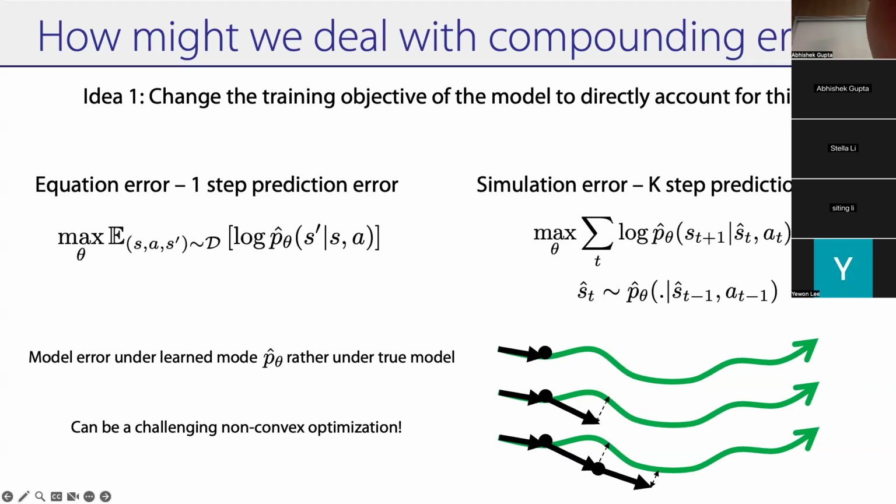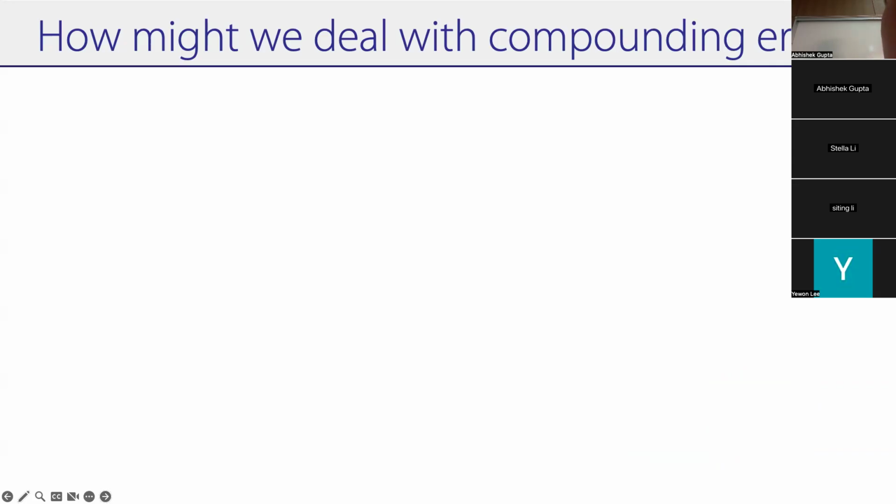If you play around with it, you'll find that often optimizing one-step loss is easy. Optimizing this multi-step loss doesn't do very well. The landscape is kind of nasty. So you can try this, but it doesn't work great. Okay, does that make sense?